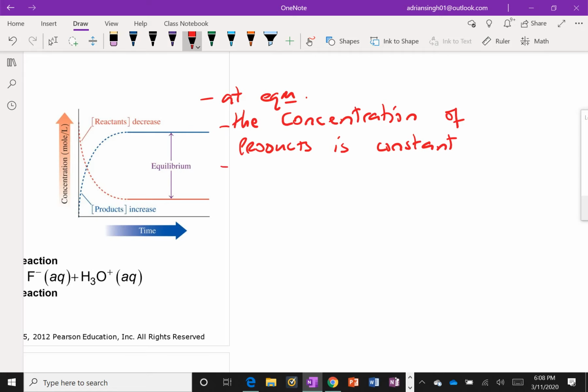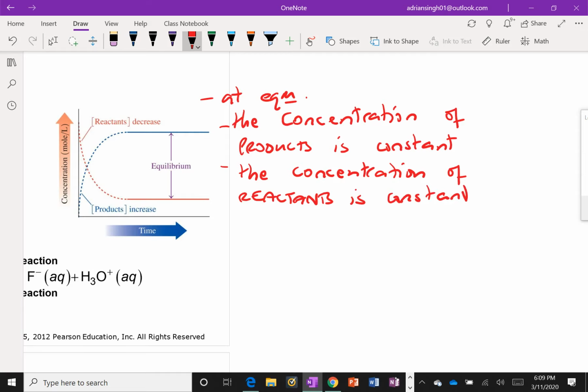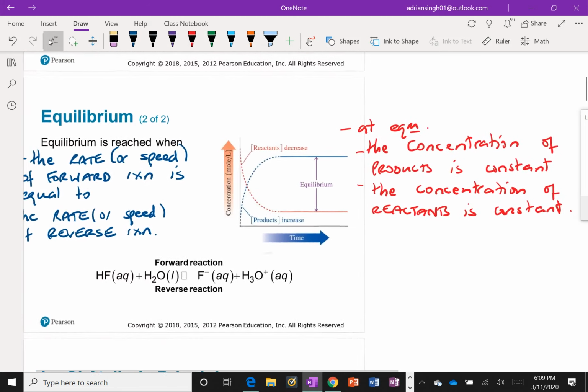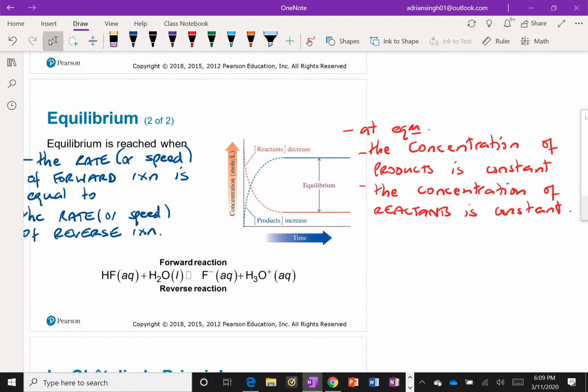And similarly, at equilibrium, the concentration of the reactants is constant or does not change.